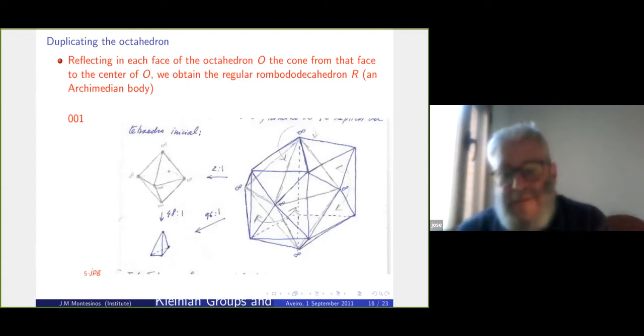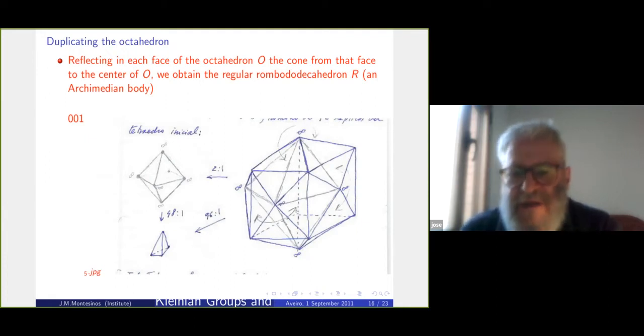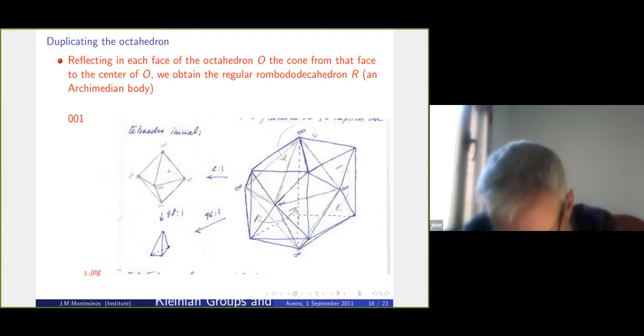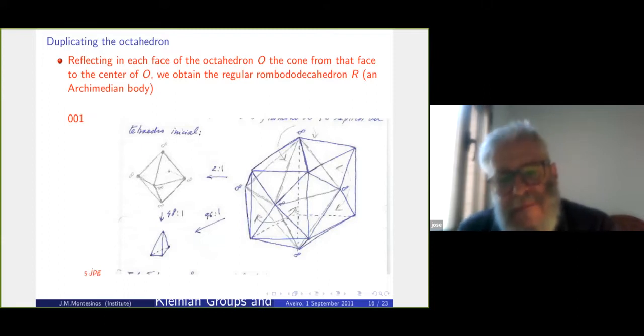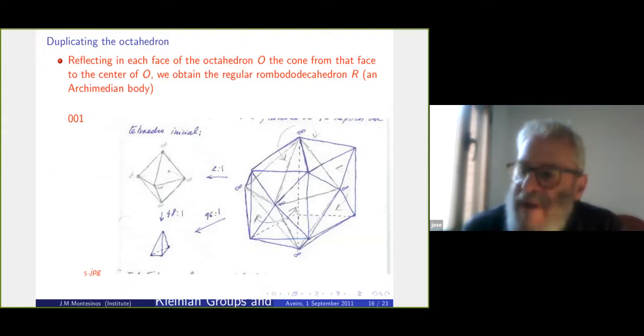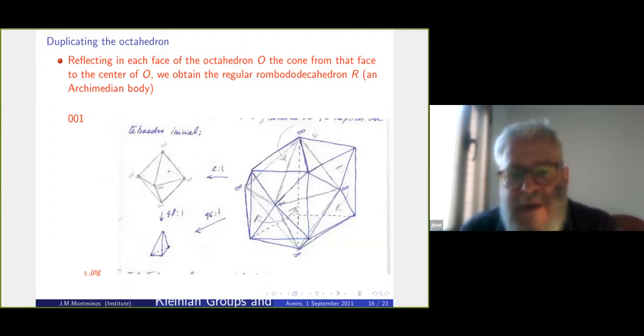Now, if you imagine the octahedron at the top left, and you consider the barycenter of the octahedron. From this barycenter, you can divide the octahedron, taking the cones with apex the barycenter and base the 8 faces of the octahedron.